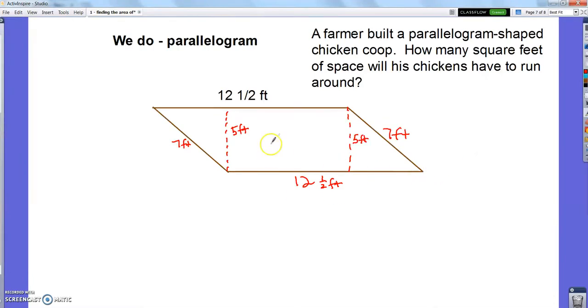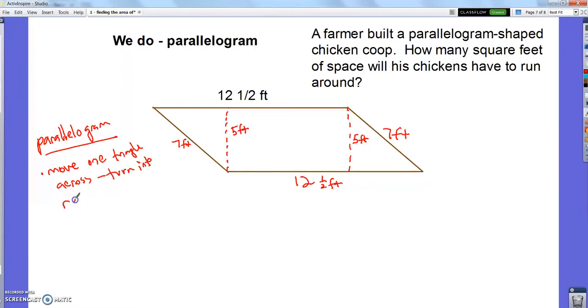And so what I want to do with a parallelogram, different steps. All I really want to do is move one triangle across, which will turn it into a rectangle with the same area.